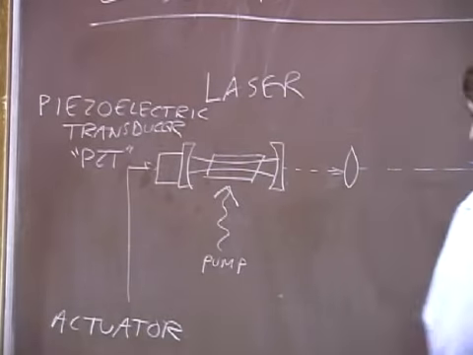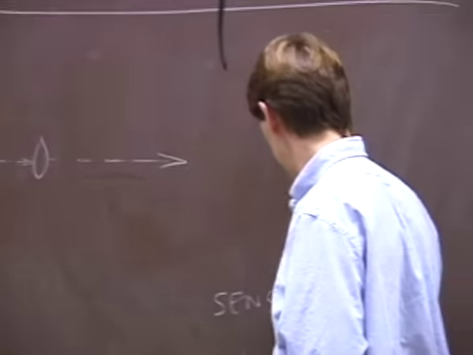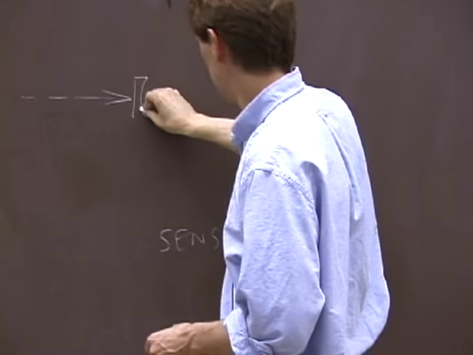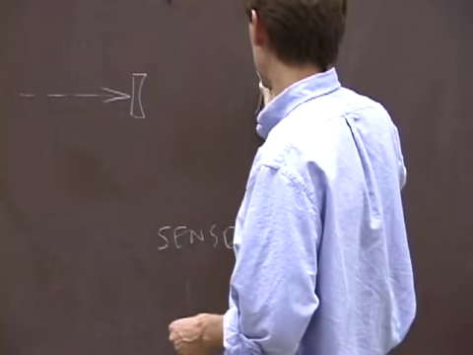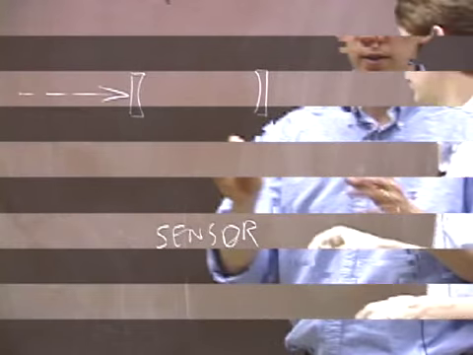For our sensor, we'll use a Fabry-Perot cavity. And unlike the Fabry-Perot cavity inside the laser, this can be a very stable, very quiet Fabry-Perot cavity.